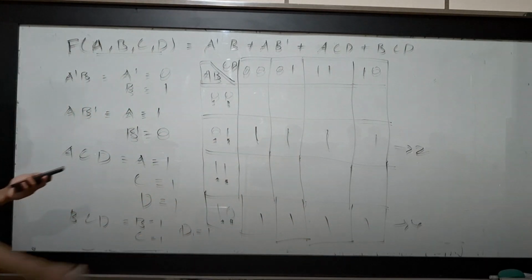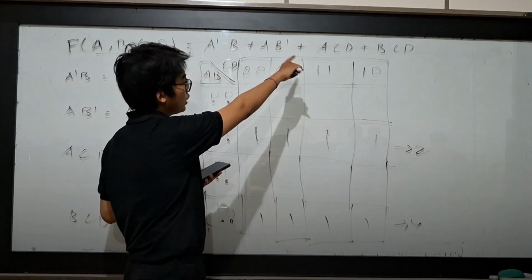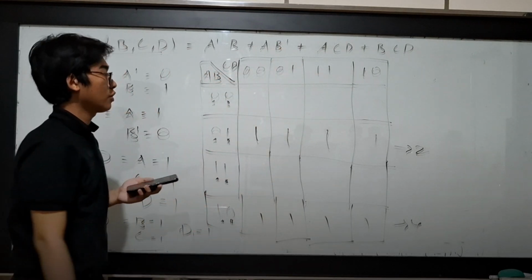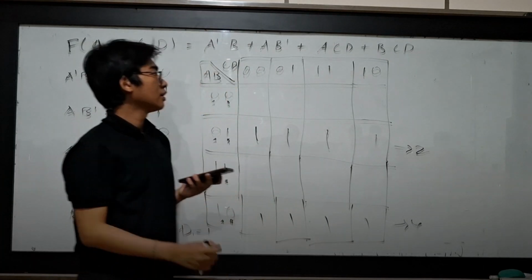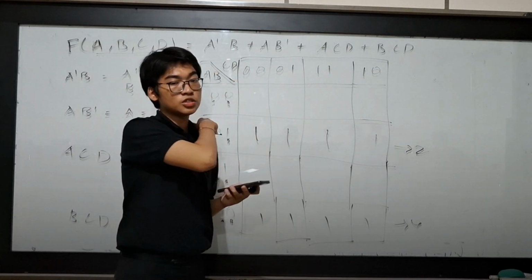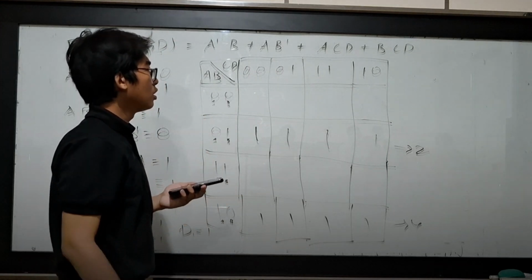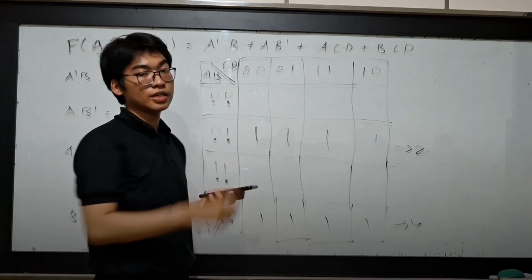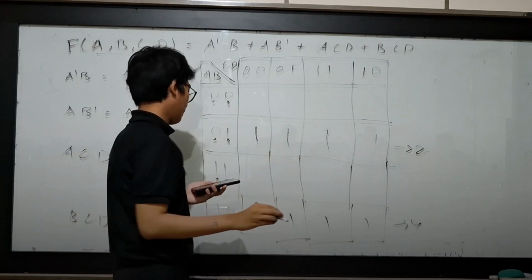And then we go to expression number 3. Expression number 3 is ACD, and all of these variables have no inverse. So ACD means all of these variables are 1: A1, C1, and D1.